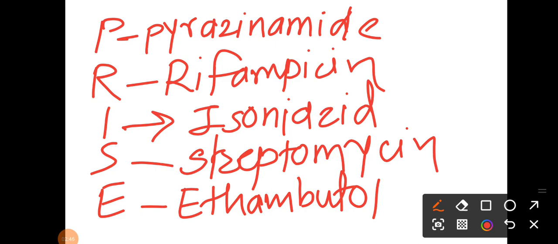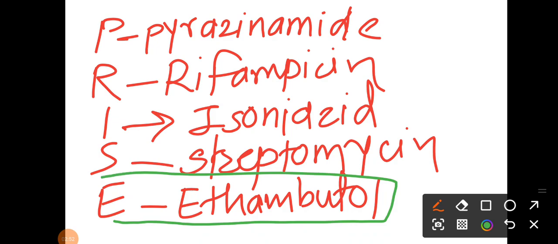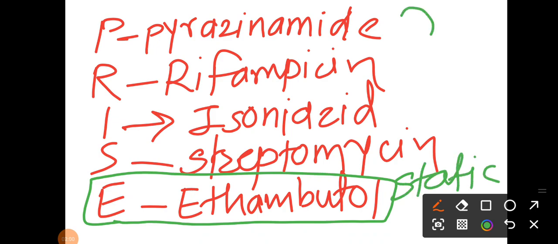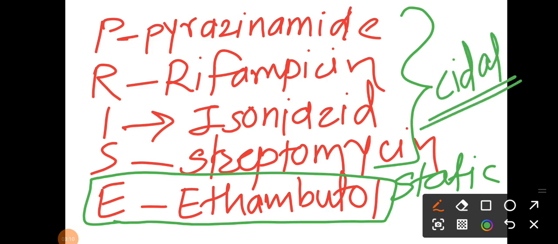Okay, so what are the other important points regarding the same? Your ethambutol is the only first line anti-tubercular agent that is static in nature. All these four options, pyrazinamide, rifampicin, isoniazid and streptomycin, are all cidal in nature. That is very, very important.